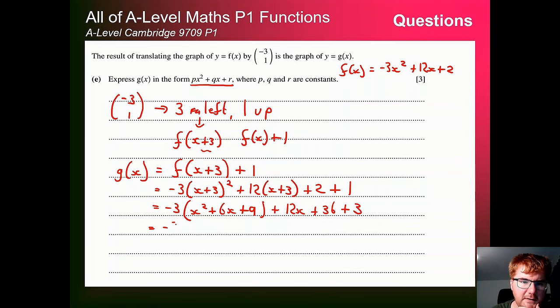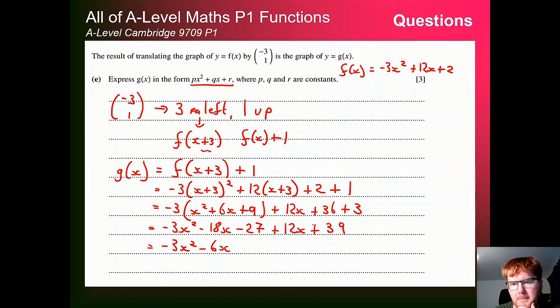Expand this out, we get minus 3x squared minus 18x minus 27. No such easy simplification this time. So we have a minus 3x squared here. Minus 18x plus 12x is minus 6x. And minus 27 plus 39 is equal to 12.